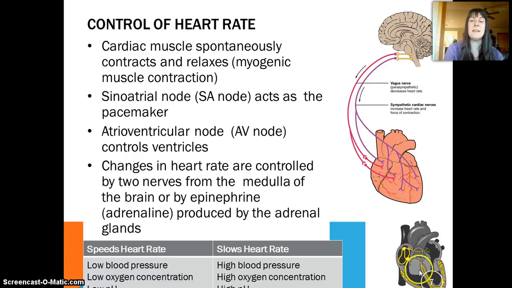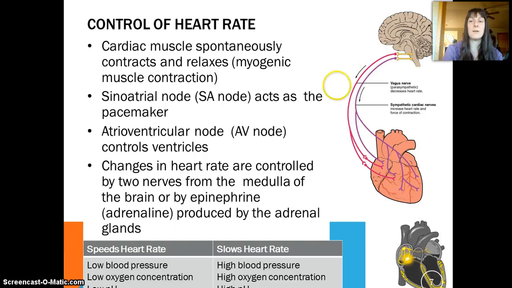The AV node is going to continue the squeezing with the ventricles. Now, how fast that pacemaker is going to squeeze is based on a couple of different things. The first one is the brain. There's part of our brain, the medulla, that is going to have two different nerves. One nerve that's primarily responsible for increasing heart rate, and one nerve that's primarily responsible for decreasing heart rate.